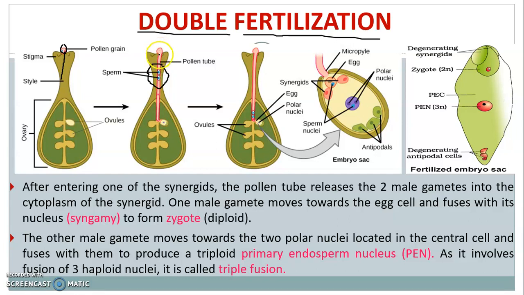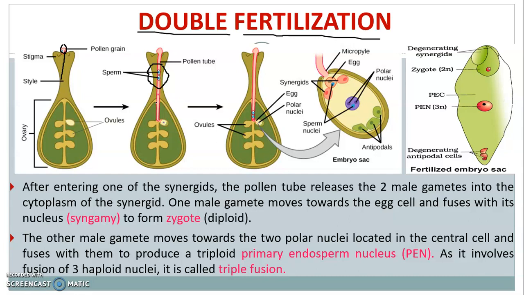Now this pollen tube enters the ovary through the style, and enters the ovule through the micropylar end. This micropyle is the gate, the entry, the checkpoint of the pollen tube.